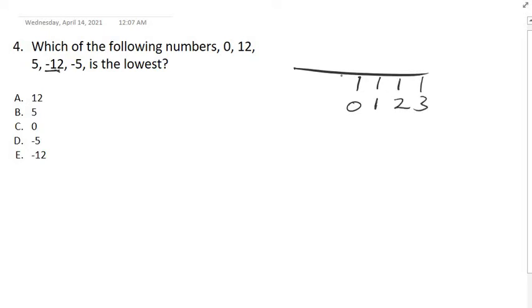To the left we have the negative numbers minus 1, minus 2, and so on and so forth. The negative numbers that come before the 0, of course they are smaller than the positive numbers that come after the 0. So the farther they are from the 0, the smaller they are. So you can imagine where minus 12 will be. So minus 12 is the smallest, and the right answer is E.